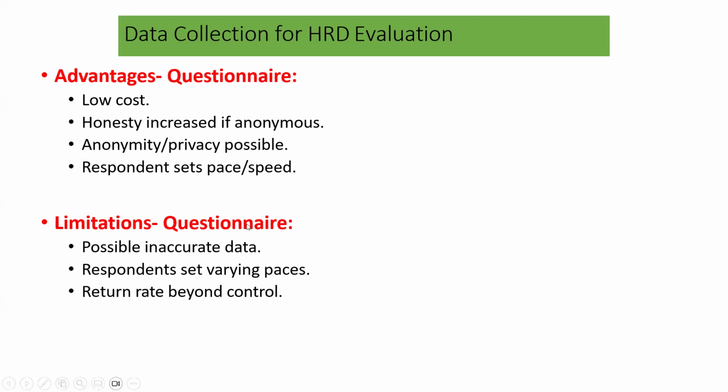Limitations: possibly inaccurate data, because if some of the participants are hurried to go home or to do some other work, obviously they might not fill in the questionnaire by clearly reading the questions. Sometimes they roughly go through the questionnaire and roughly give answers, which has a high possibility of giving false information about the program.